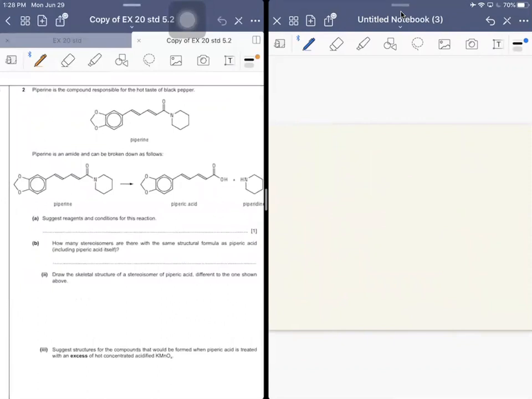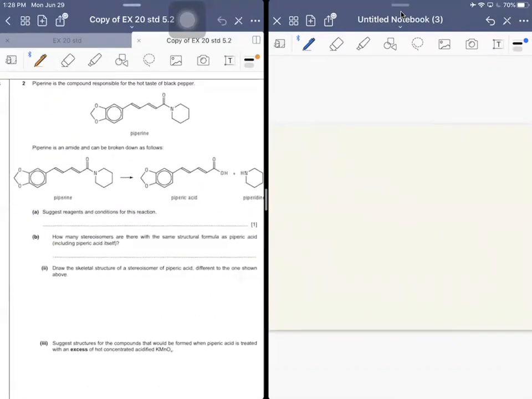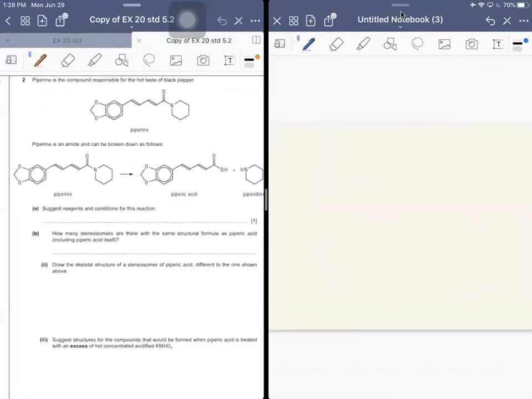So you've got piperine to piperic acid. If you look at the piperine, there are a few functional groups here. There are alkenes, 2 of them. There is also a CONC. Piperine is an amide and can be broken down as follows.